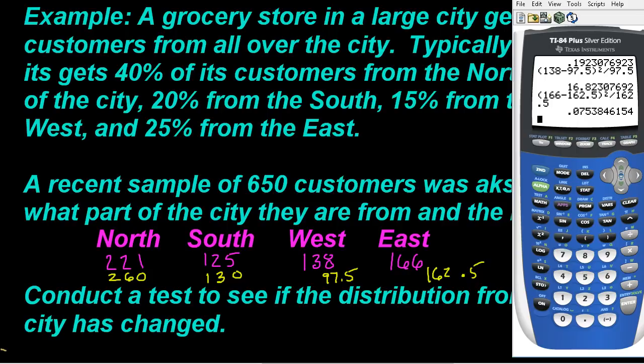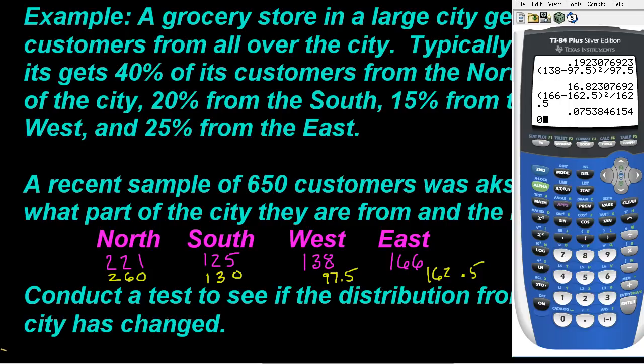0.075 and 16.82. And again, I typically write them down as I go, 0.19 and 5.85. All right, so now I got to add all those together to get my grand total chi-squared here.